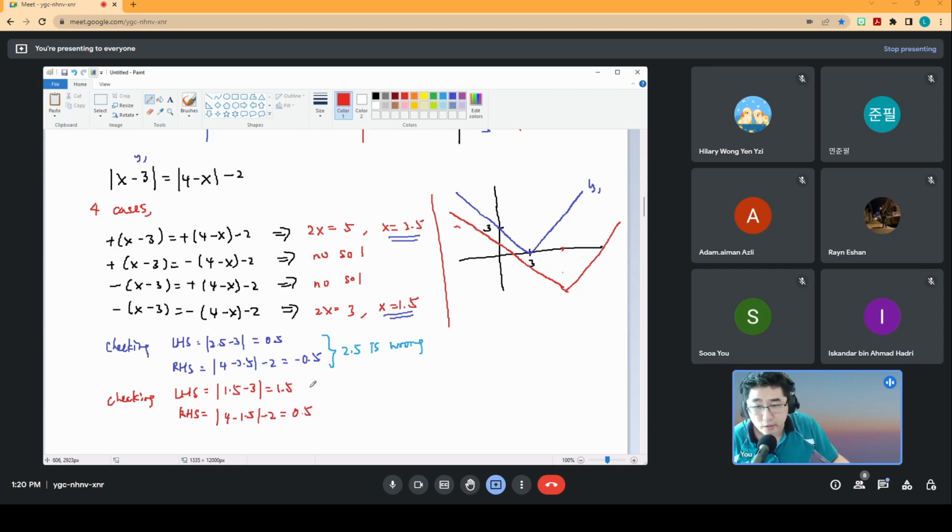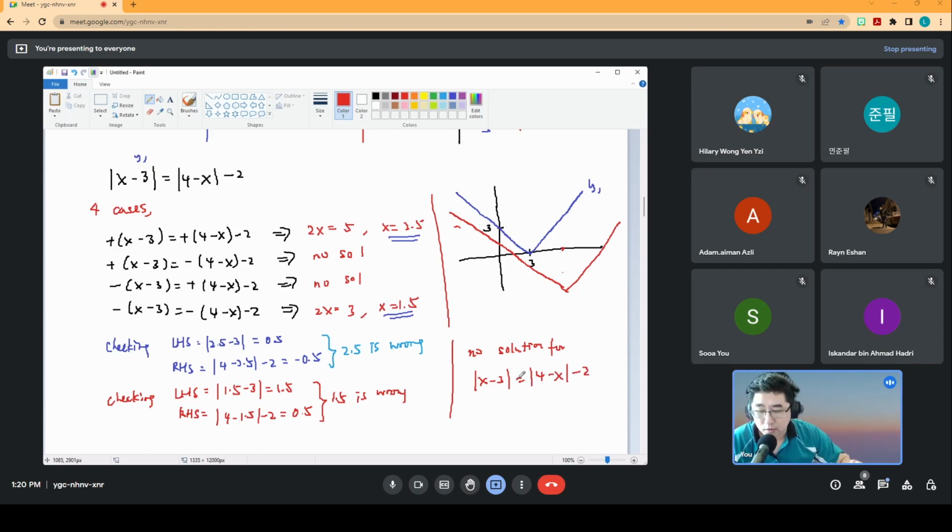So you will see that they are different. So 1.5 is wrong. So in the end, there are no intersections, no solutions. No solution for modulus of x minus 3 equals 4 minus x minus 2.